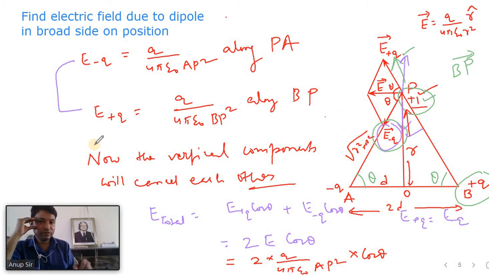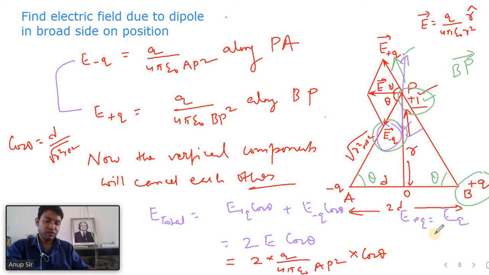So cos theta will be equal to base by hypotenuse, which is D divided by under root R square plus D square. So just put the value of cos theta over here.